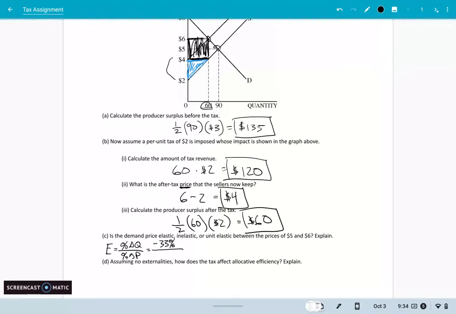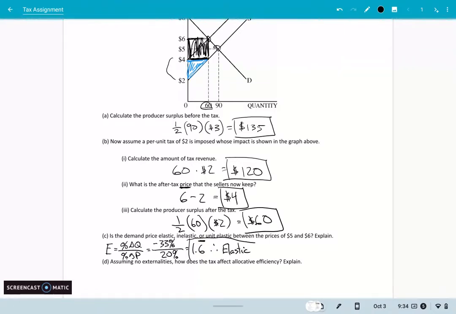My price change was from $5 to $6. That's a 20% price increase. And I'd see that this is 1.6. It's actually negative, but again, demand elasticities are always negative, so sometimes we ignore the negative. Oftentimes we just ignore that negative. If I see an E of 1.6 that's greater than 1, I would say this is, therefore, it's elastic.